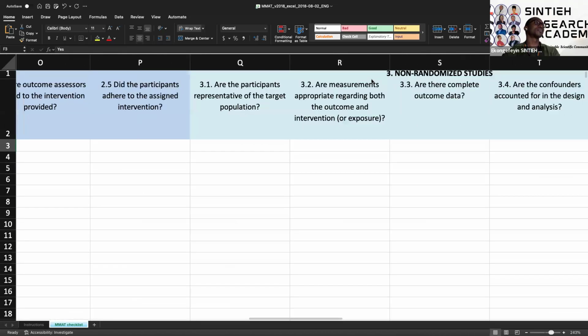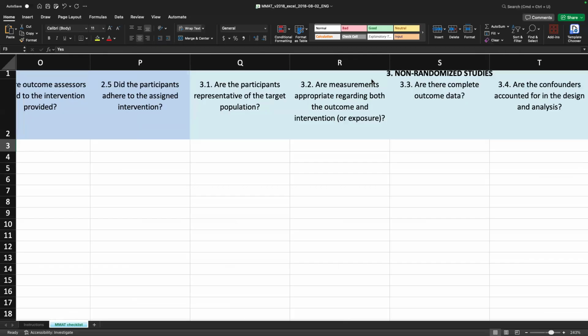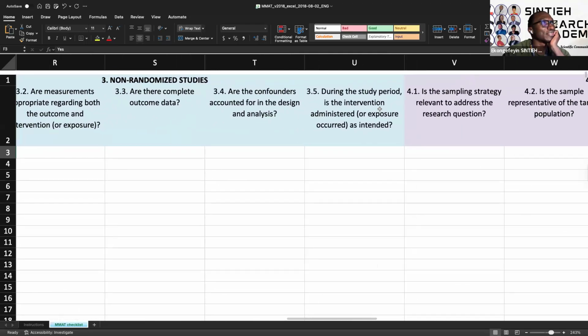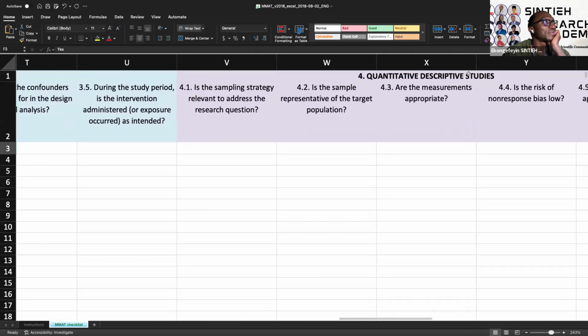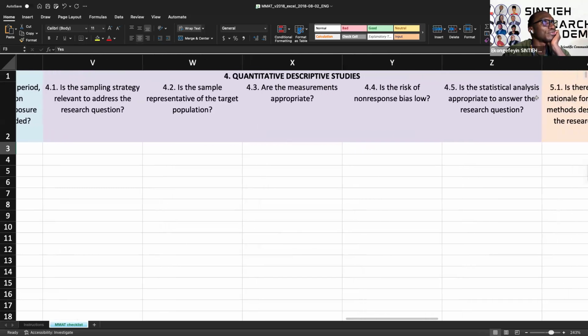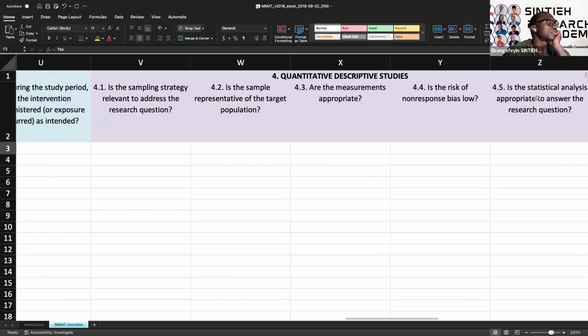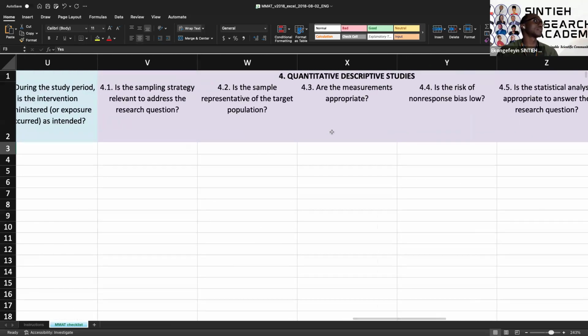Is it a non-randomized study? I think it's a case-control. We already spoke about it. So it's a quantitative observational study which falls under the case-control category. So this is where we need to assess it.